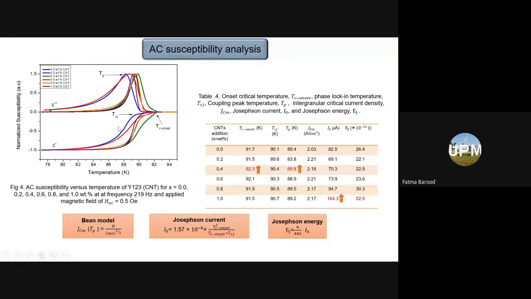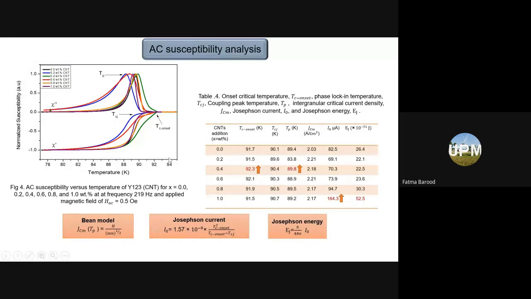From the real part, we can obtain the diamagnetic transition of YBCO bulk, as we can see, a double transition due to the weak links. In this behavior of the superconductor, the transition becomes steeper with 0.4 carbon nanotube addition, which means reduced weak links and stronger interconnectivity between the grains in this sample.